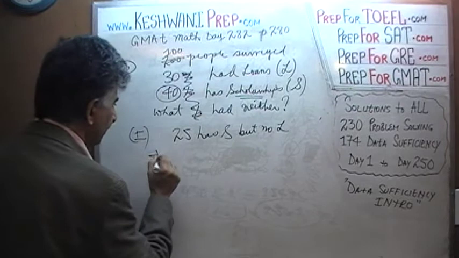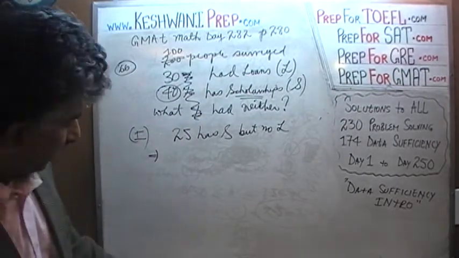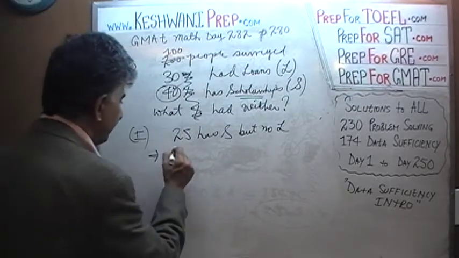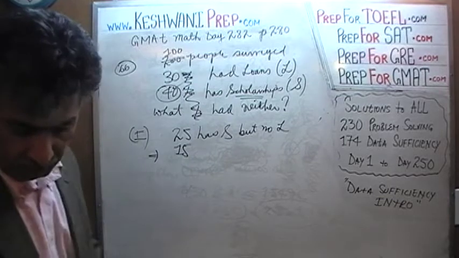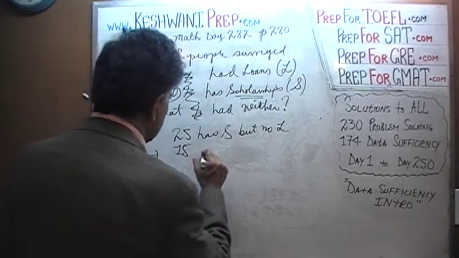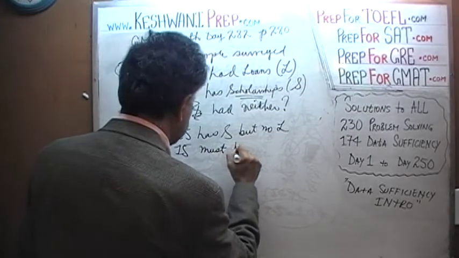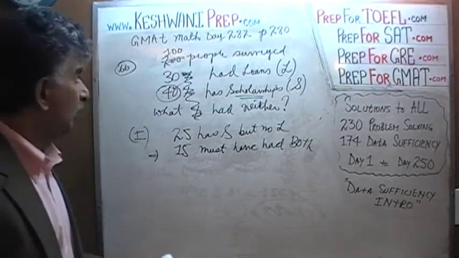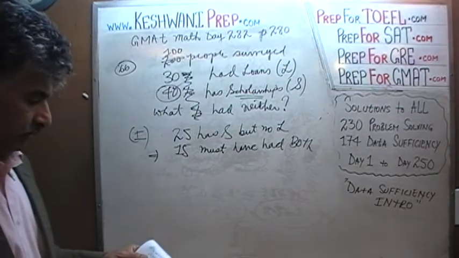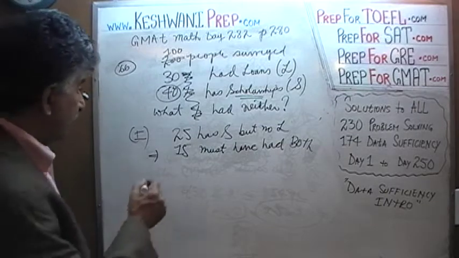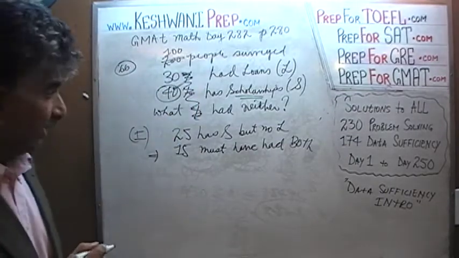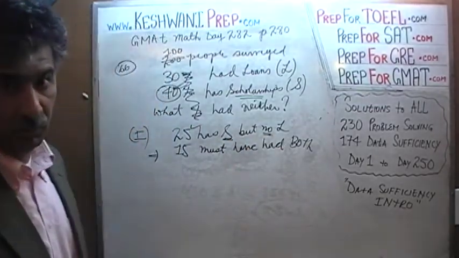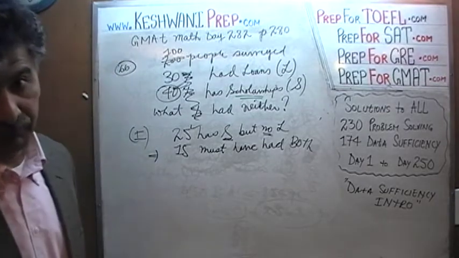So that implies, since we were told that there are 40 people who had scholarship, and here we are told that 25 had scholarship but no loan, that 15 must have had both. That's the logical conclusion, because 40 people we know altogether had scholarship. If 40 had scholarship, out of the 40, 25 had scholarship but no loans, we are told. Well, there must be 15 people who must have had both.